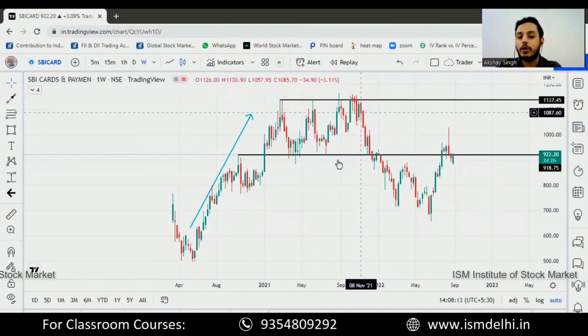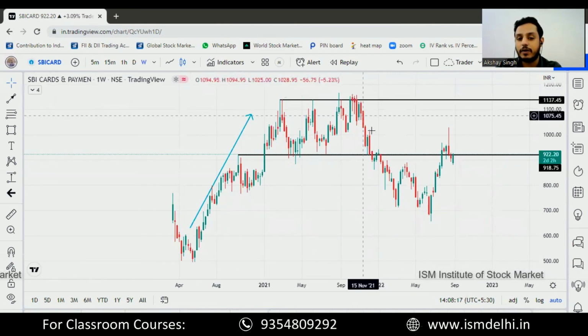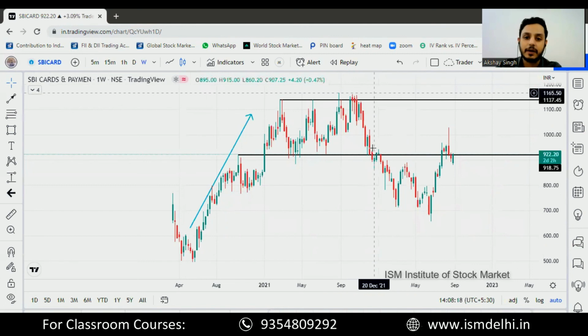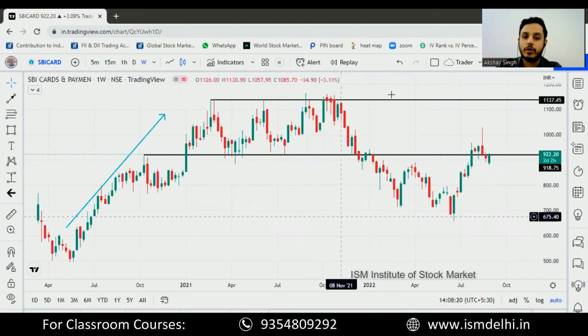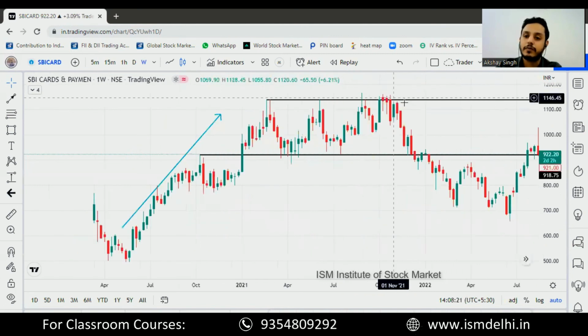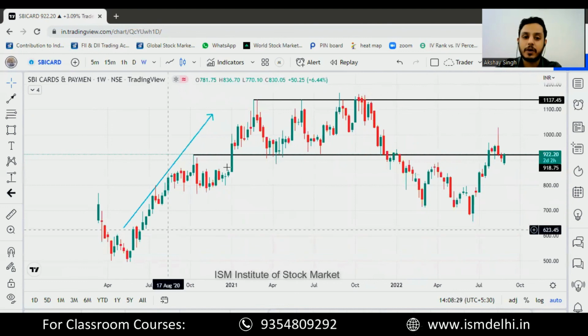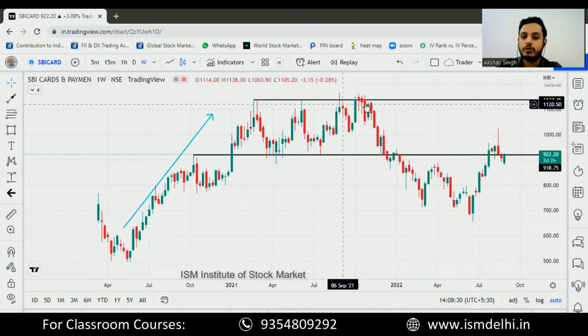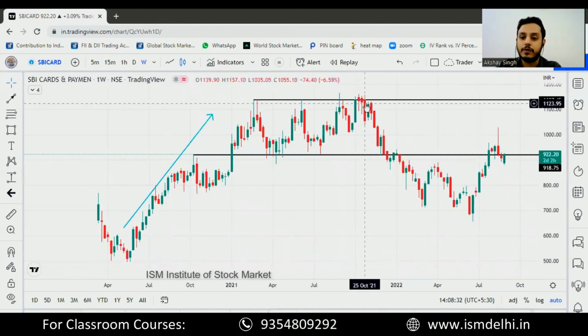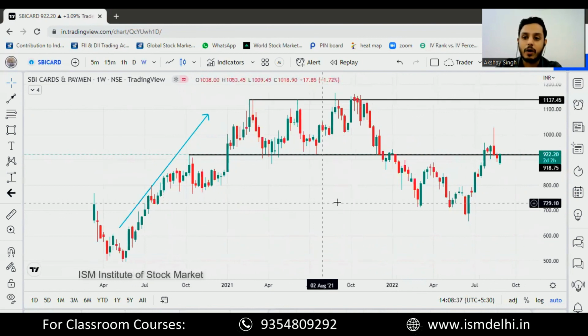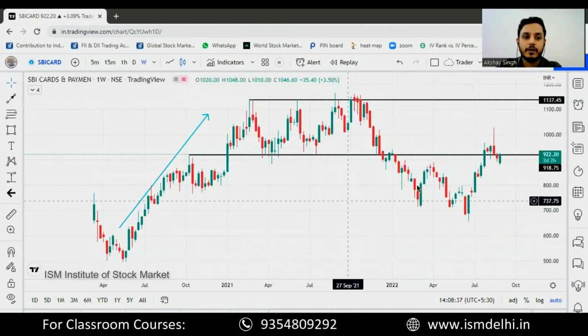It should not be like it touches it and retraces back like it is happening in this chart. It should get traded above this weekly resistance. So we cannot count it as a setup failure, because our entry was not in this setup in the first place.